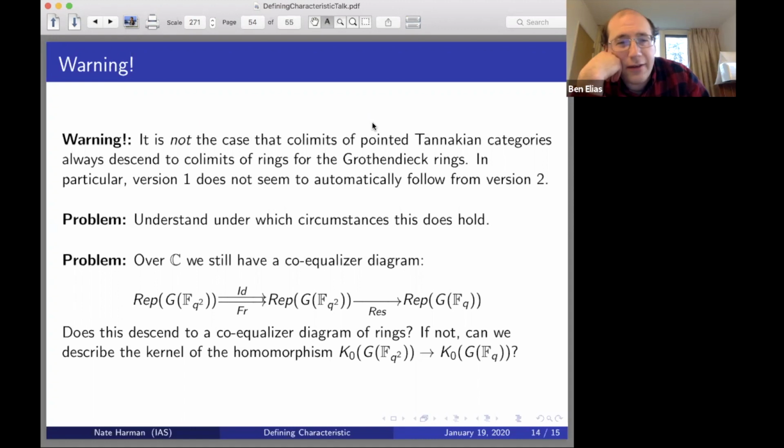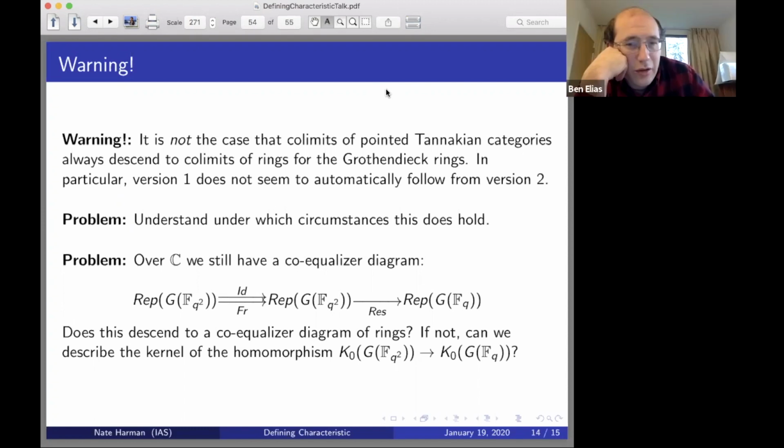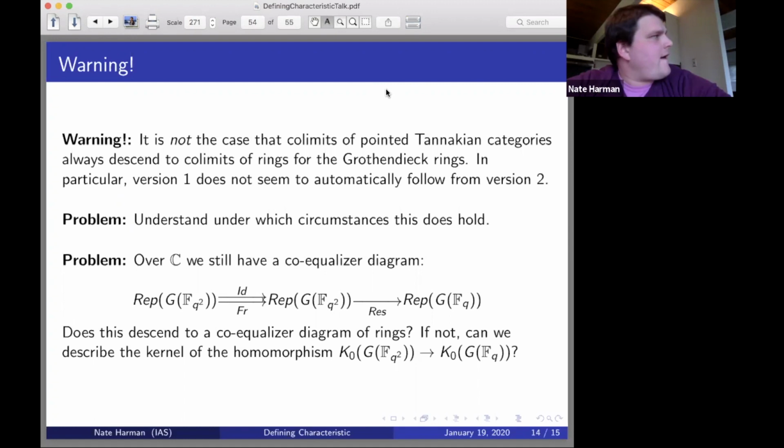If you happen to have a natural transformation between the two functors that you're taking the co-equalizer of, what structure does that give you on the co-equalizer? I think it should give you a natural transformation of the identity functor, maybe.